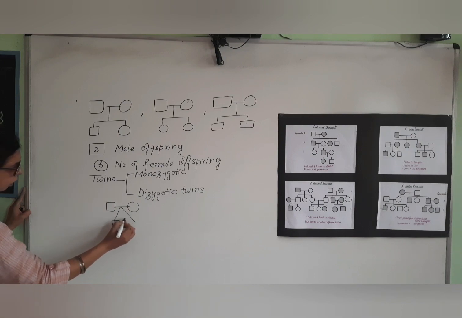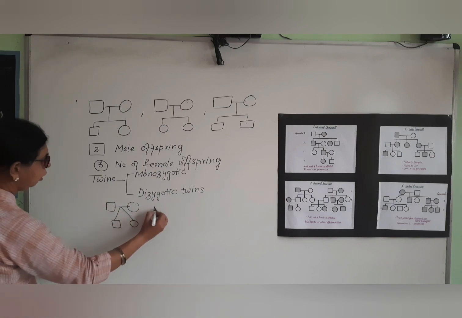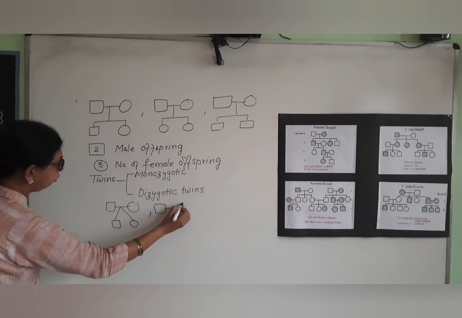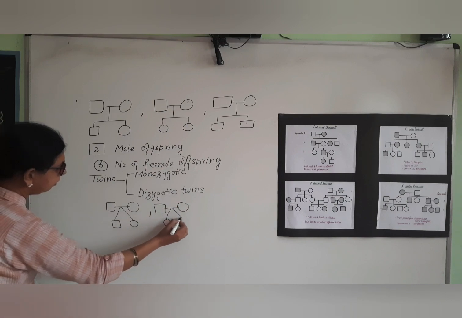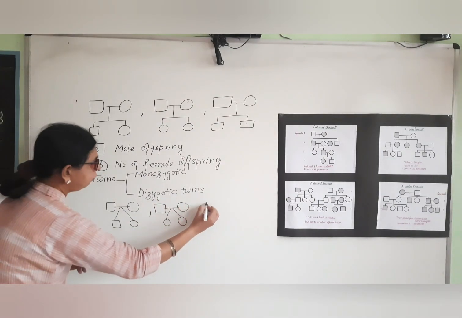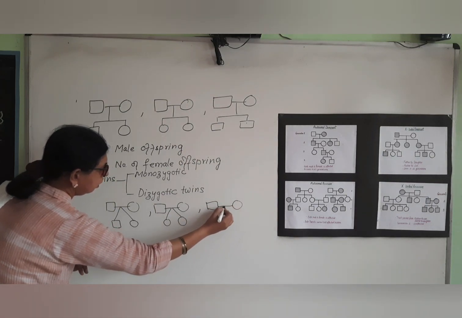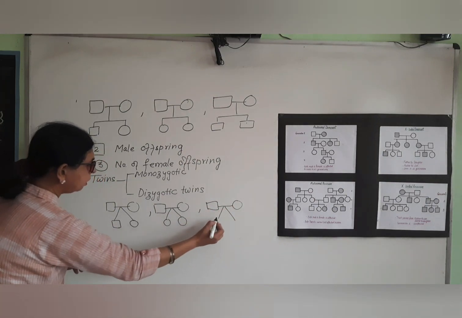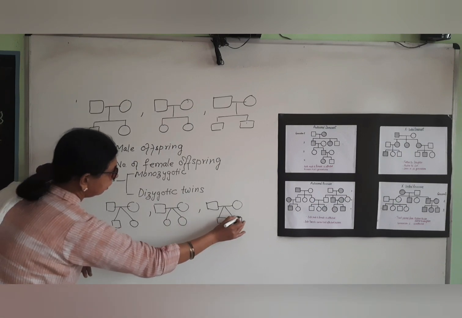If one of the twins is male and the other one is female, it can be represented by this method. If both the twins are female, then they can be represented by this. If both the twins are male, then they are represented like this.